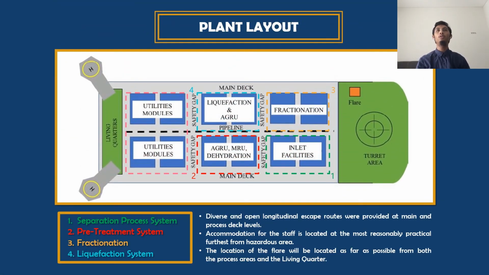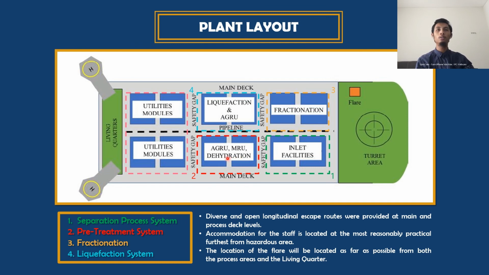So now we move on to the plant layout. Okay, as you can see, number one, the green square, is the inlet facility, which includes the slug catcher and the separation process system. From this we move on to the pre-treatment system, which is the AGRU, acid gas removal unit, mercury removal unit, and dehydration.